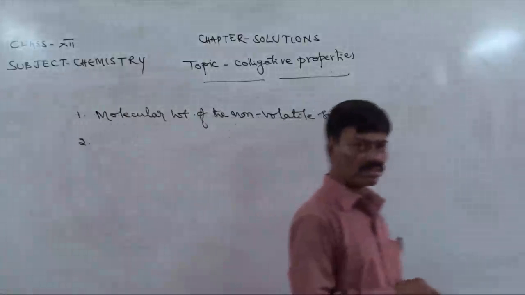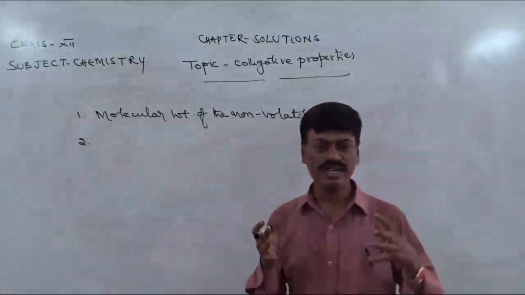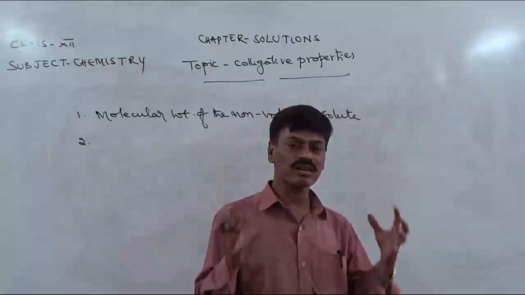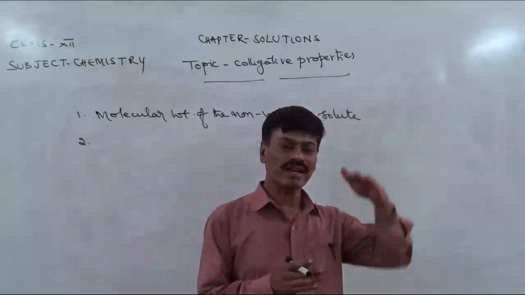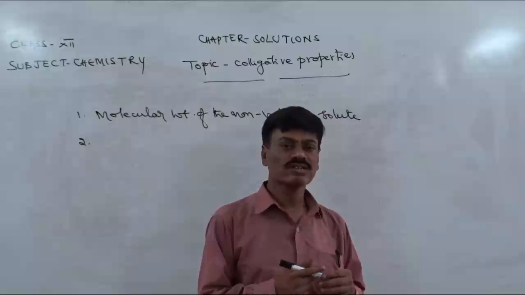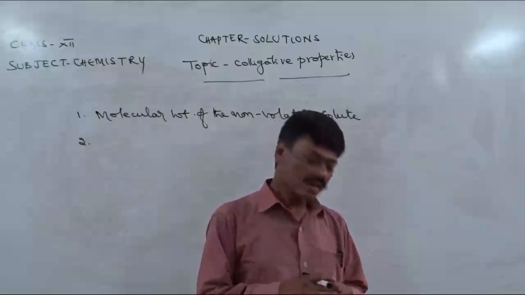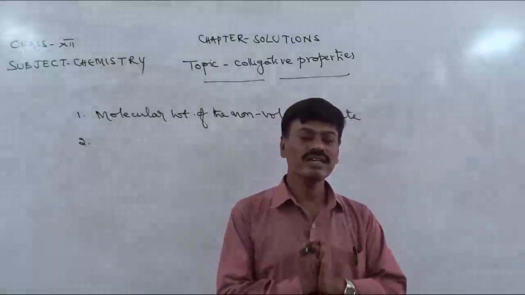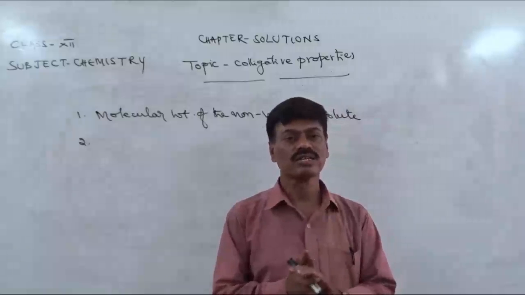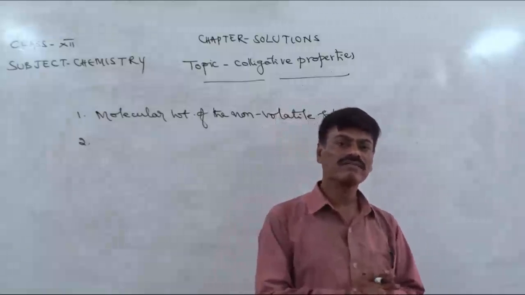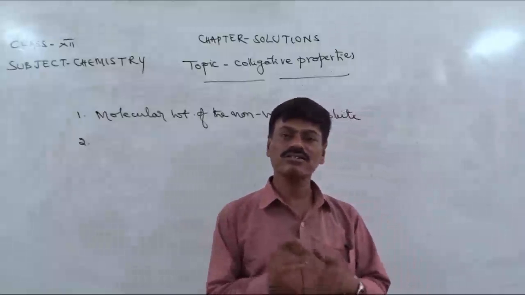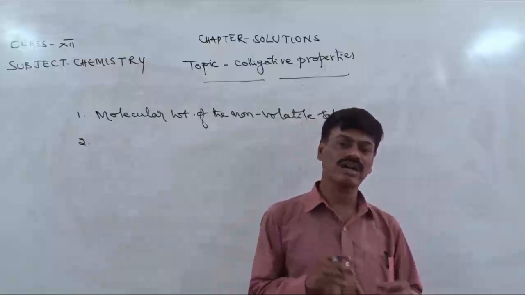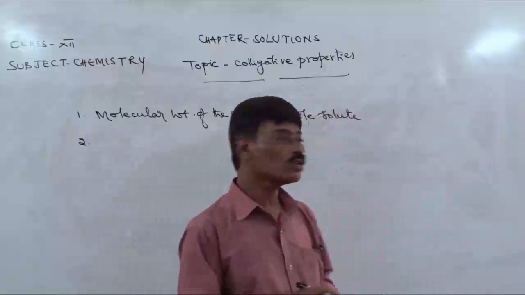Next is, sometimes solute particles in the binary solution, they undergo association. Sometimes they undergo dissociation. So when the solute particles undergo association, number of particles will come down in the binary solution. So colligative property changes. Likewise, when the solute particles undergo dissociation, means each solute particle becomes two still smaller particles. As a result, the number of particles in the binary solution will become more. So then also colligative property changes, because colligative property completely depends on the number of solute particles.